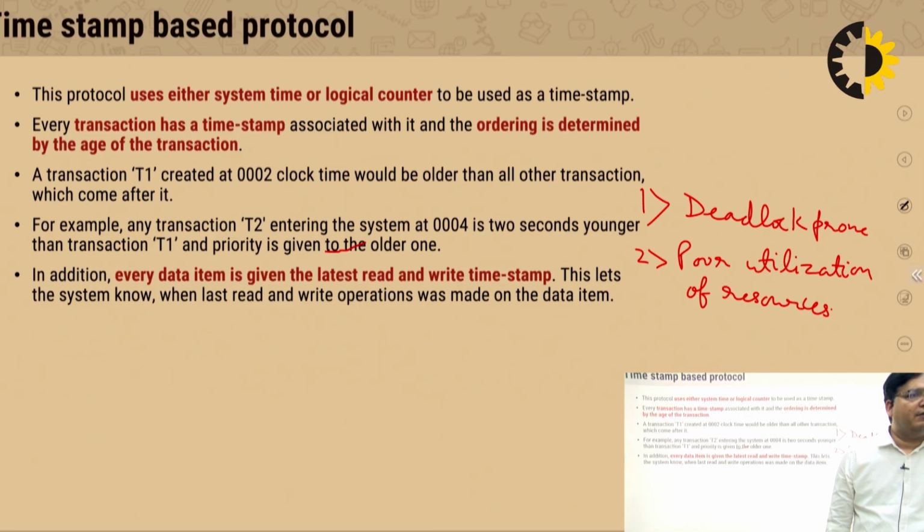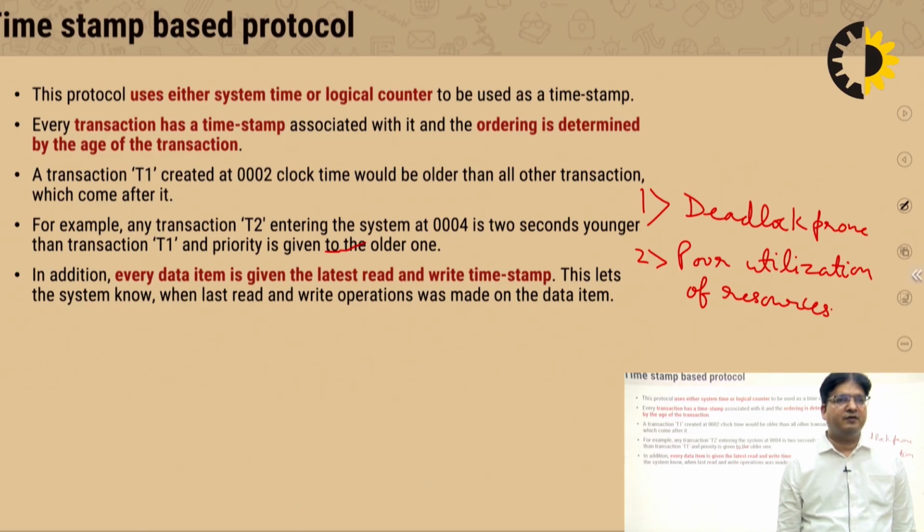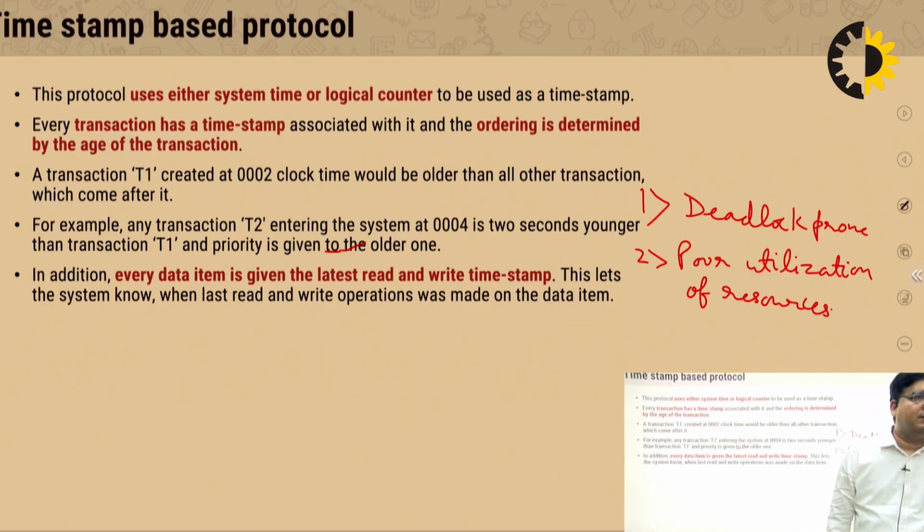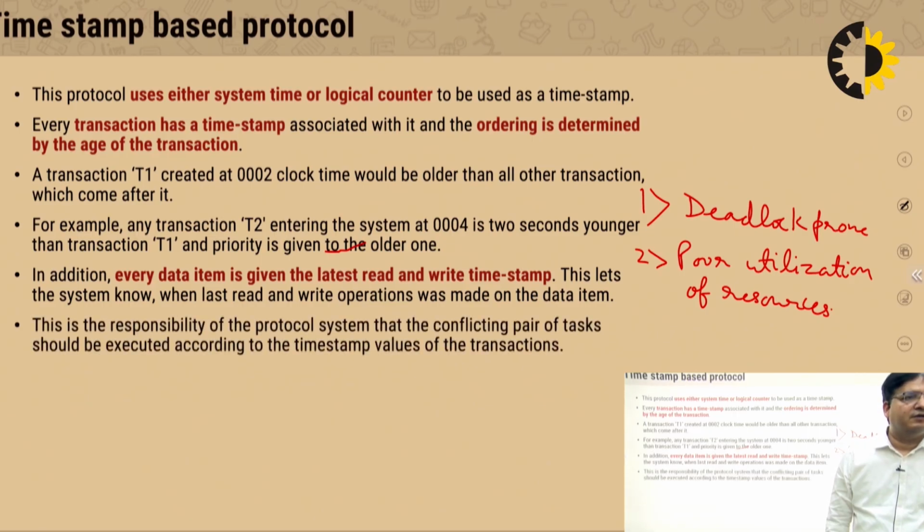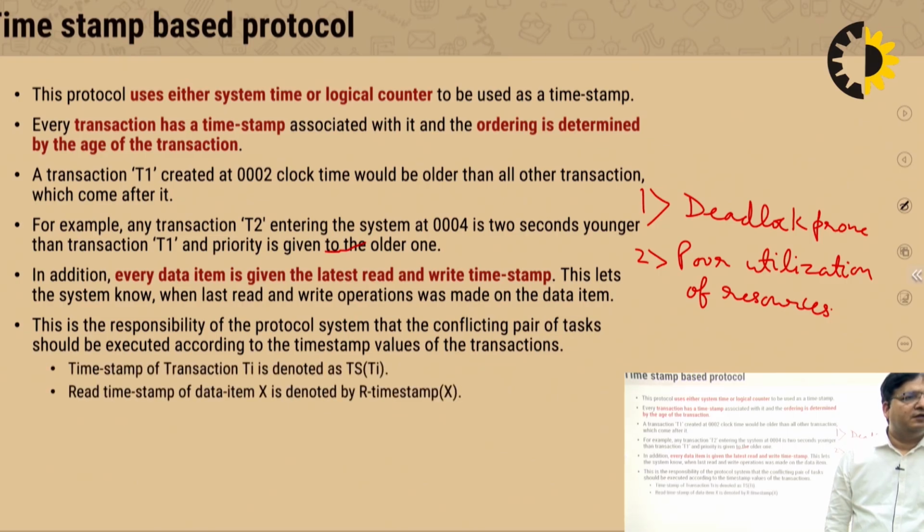Every data item is also given a latest read and write timestamp value. In addition to the unique timestamp value for a particular transaction, each data item is given a read timestamp value and a write timestamp value, which are the values when the last read and write operations were done on that particular data item.